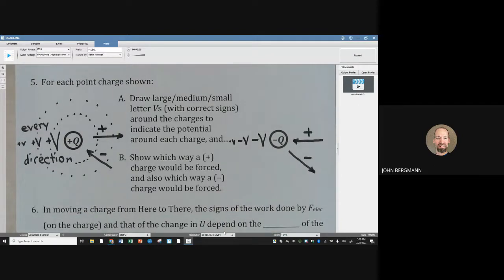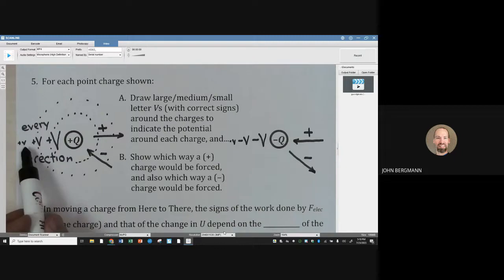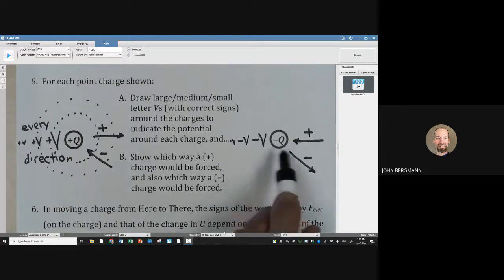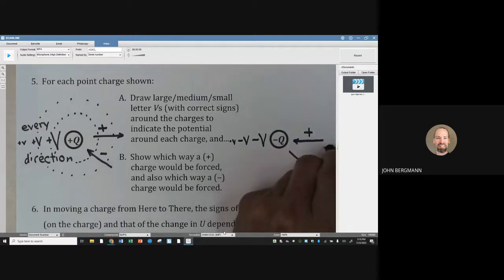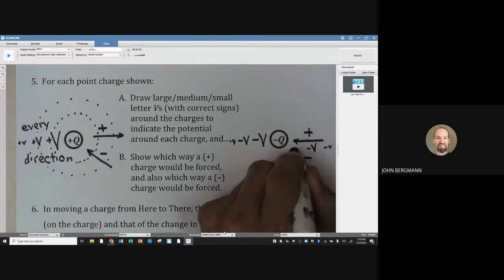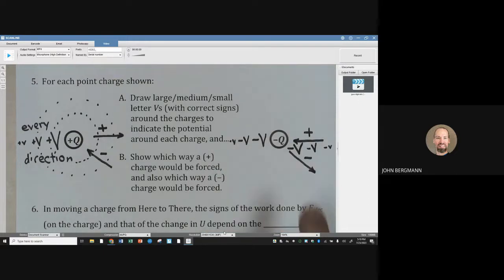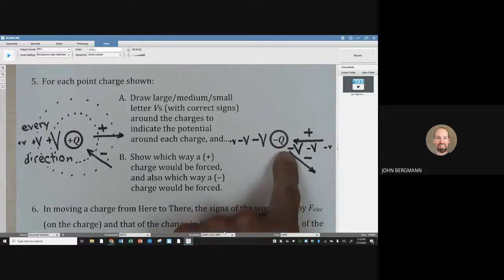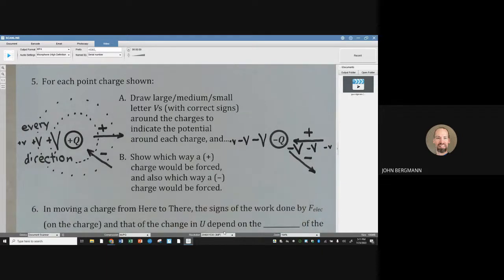So in general, positive charges go from higher values of V towards lower, and that's also the case here, because this is negative V getting a little bit bigger negative, even bigger negative, more positive to more negative values of potential. That's what positive charges do. And negative charges go from larger negative potentials toward more positive potentials.